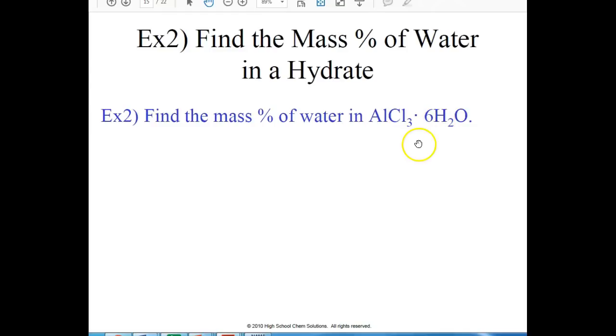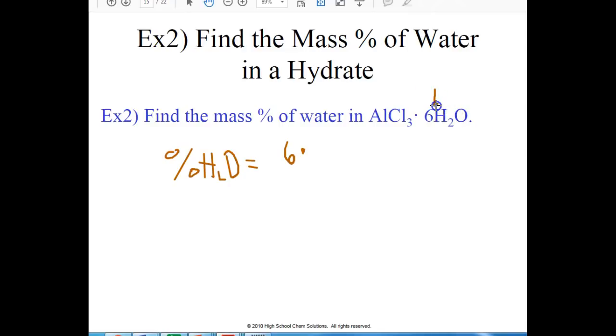hexahydrate, right? 6 is hexa. So we need to find percent water. So we're going to do percent water equals. On the top, we're going to have 6 times the mass of water. So for water, we've got 2 hydrogens and an oxygen.